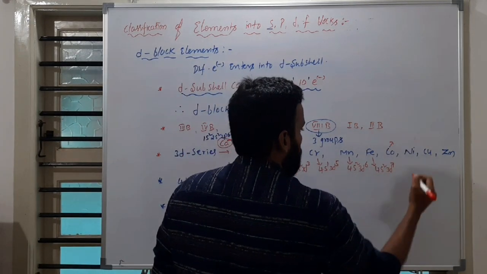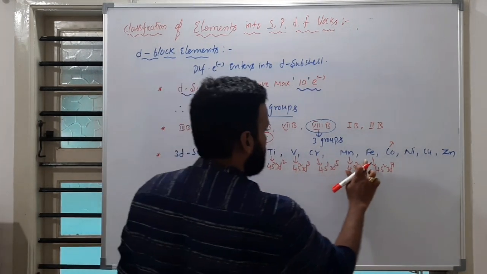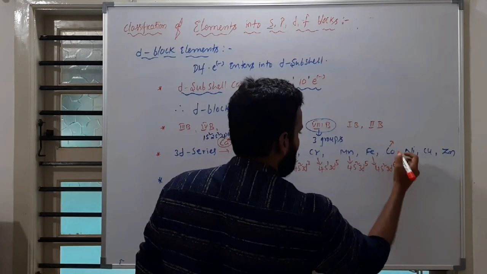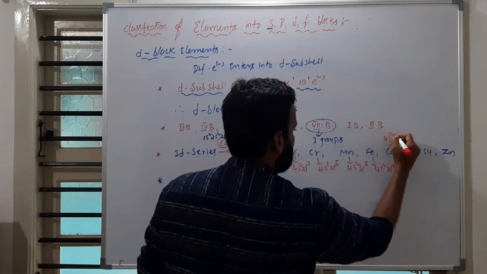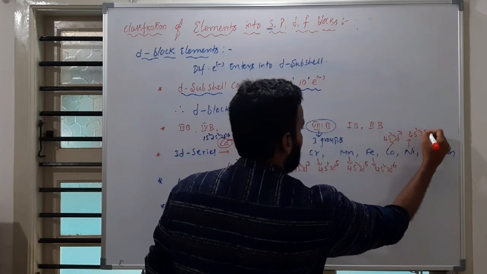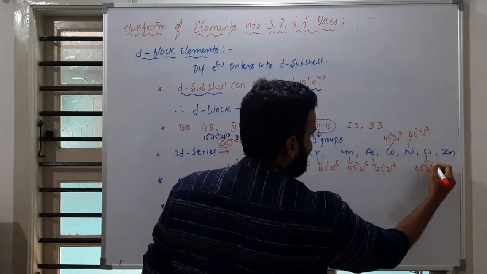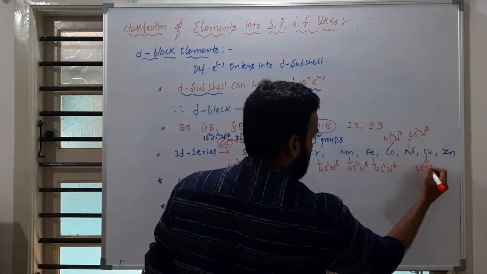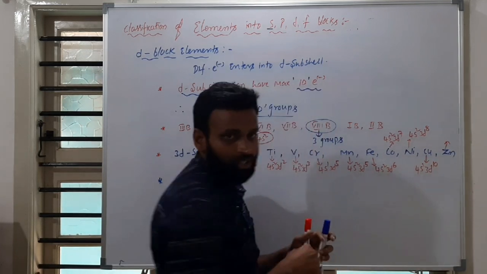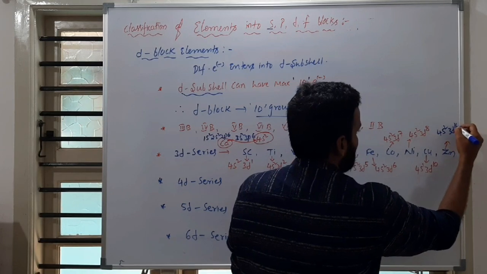Sorry, this is 4s2, 3d5, then 4s2, 3d6, cobalt is 4s2, 3d7, this is 4s2, 3d8, and this one 4s1, 3d10, and zinc configuration, you know, is 4s2, 3d10.